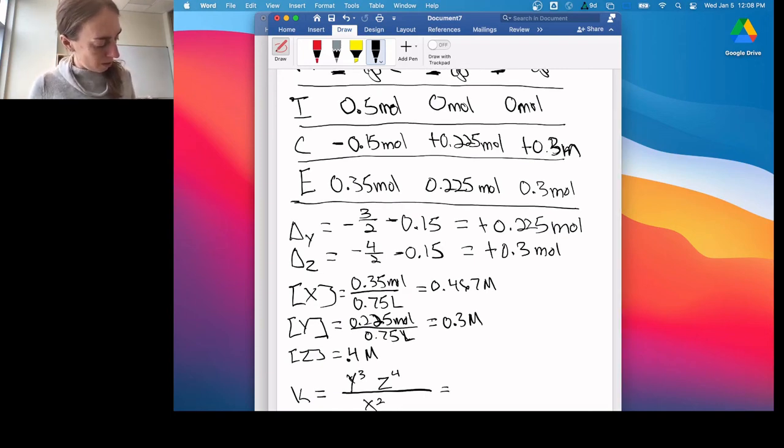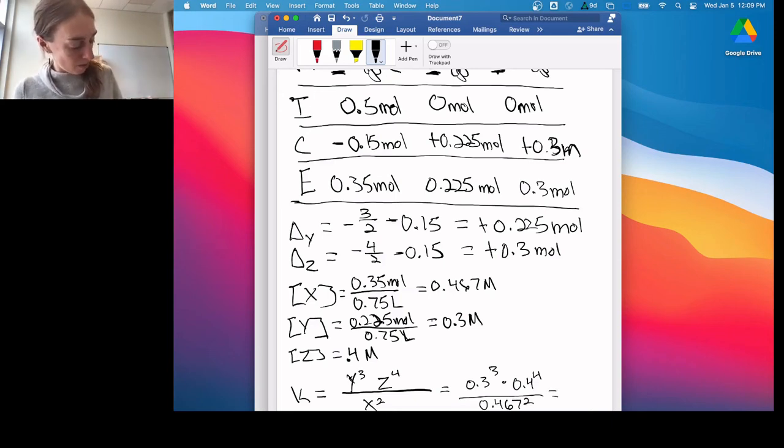So that is going to be 0.3 cubed times 0.4 to the fourth all over 0.467 squared. And what that comes out to in the end, if you were to step through that, is 3.17 times 10 to the negative 3.